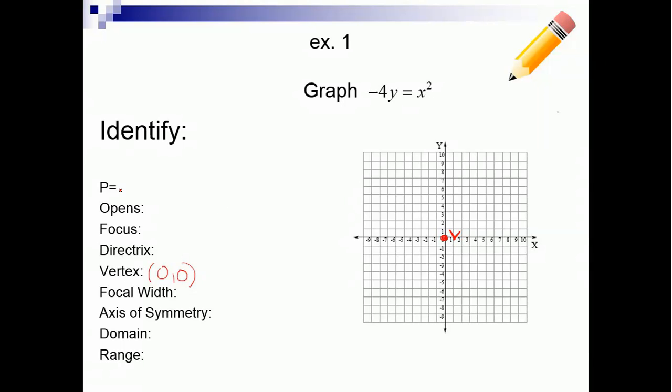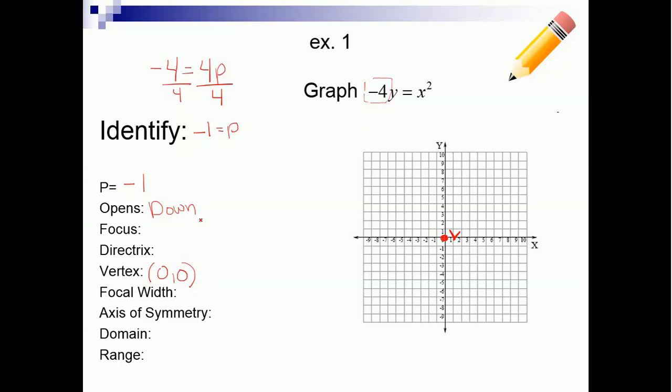So now let's find what our p is. Remember, that's basically this number equal to 4p. So negative 4 equals 4p. If I divide by 4, I'll get negative 1 equals p. So my p is negative 1. Now, it's an x squared, right? We're used to x squared, so this is either an up or a down. Since my p is negative, we're going to be going downwards.